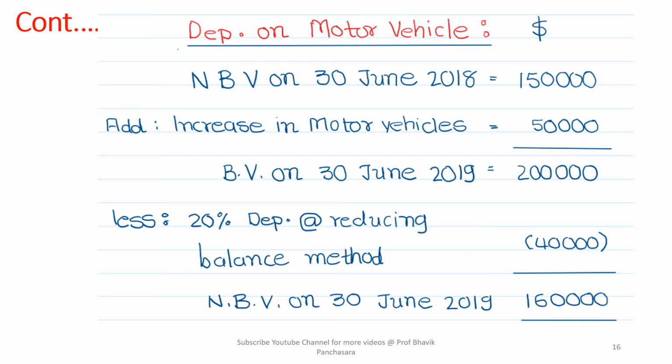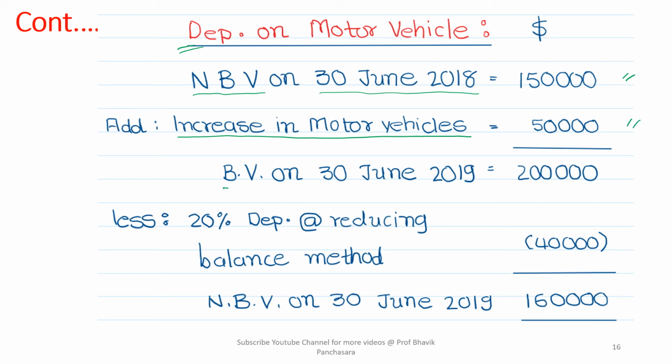Now depreciation on motor vehicle, for that purpose NBV on 30th June 2018 for motor vehicle is 1,50,000. Now in the payment side there is the expenditure of motor vehicle. So we will consider this 50,000 as an increase in motor vehicle.